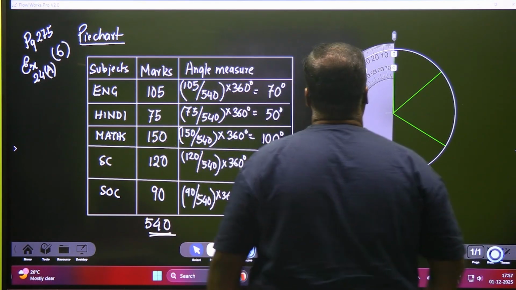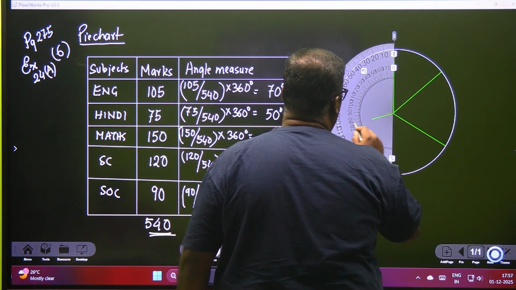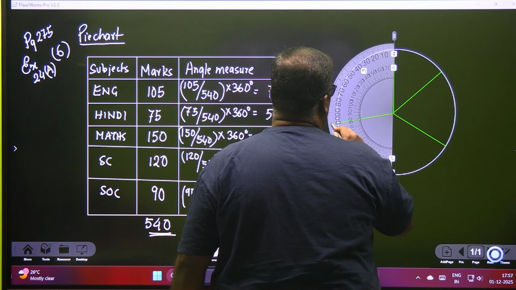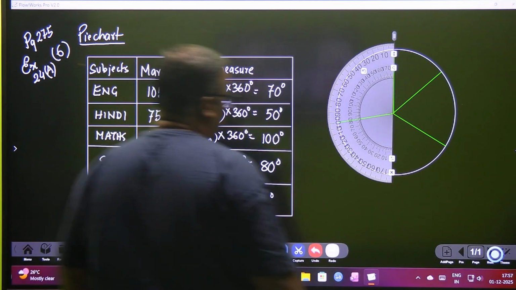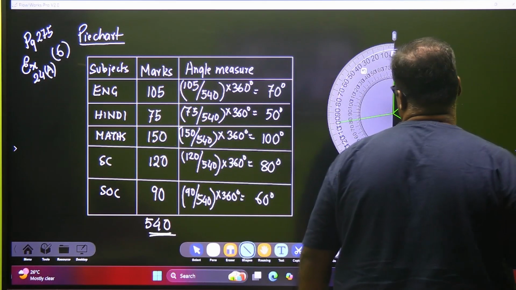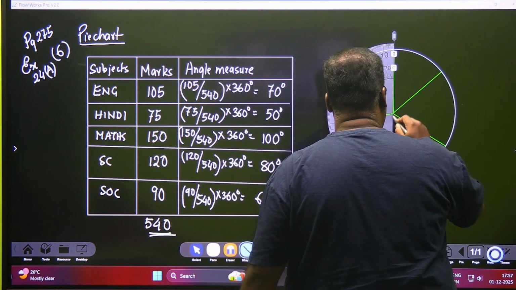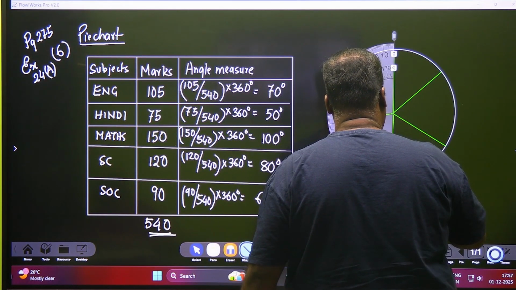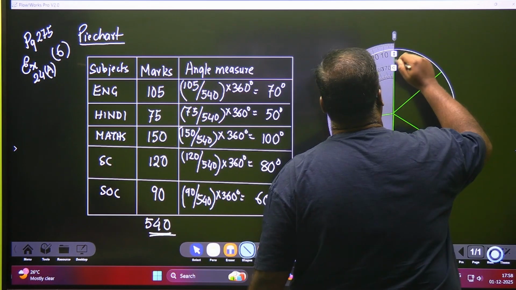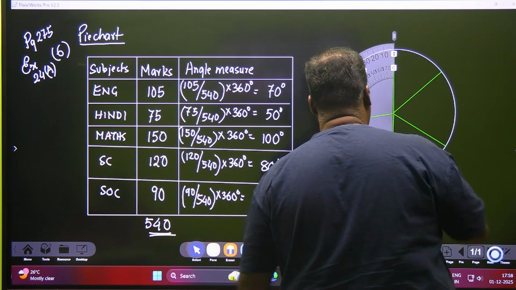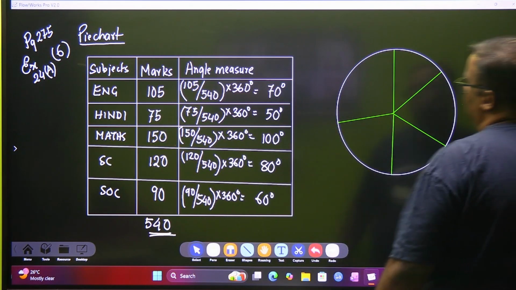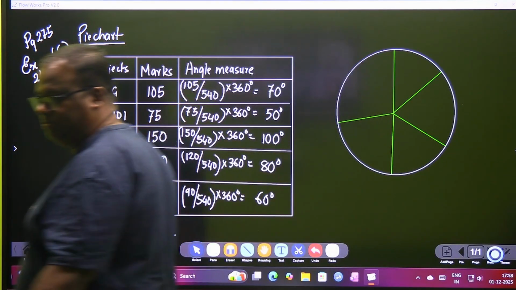This is 100 degrees. After 100, the next one is 80. 80 means 180, so exactly out here. I'm done. This is my wagon wheel, ready now.